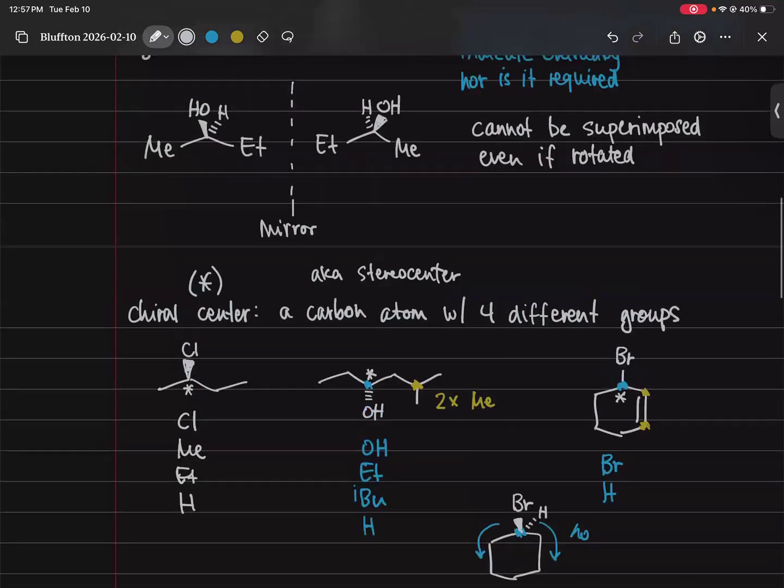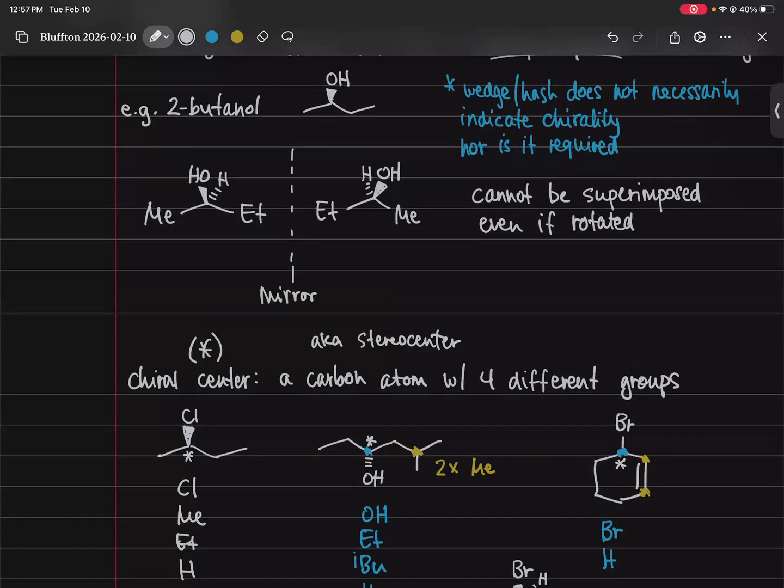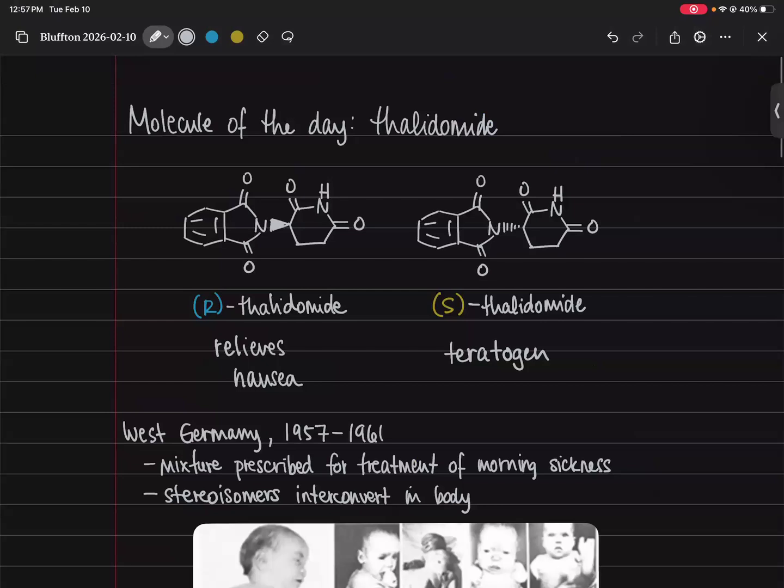We saw the example of 2-butanol where we made a mirror image and it was not superimposable. And we saw thalidomide, where these 2 are actually mirror images of each other. It's not quite as easy to see in this way, but they've also got a stereocenter flipped.